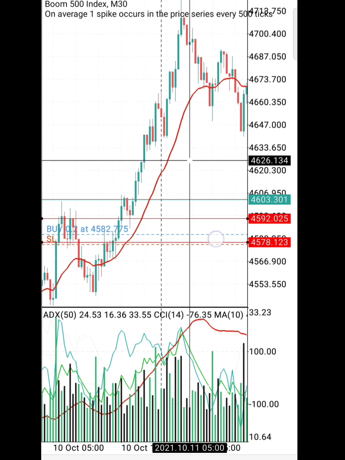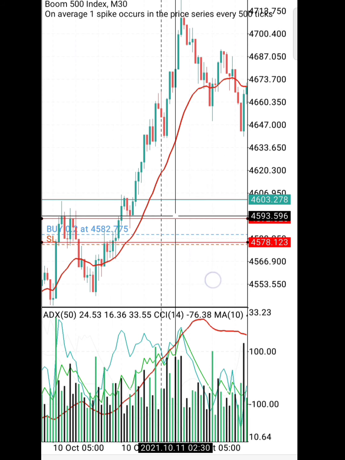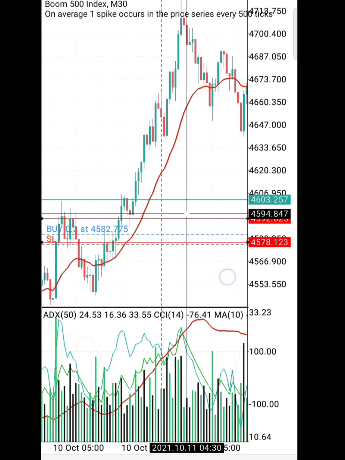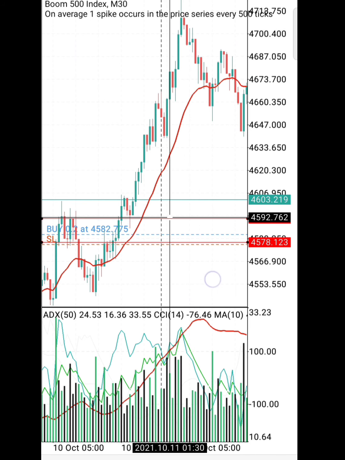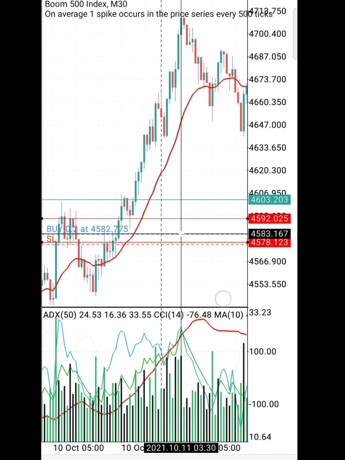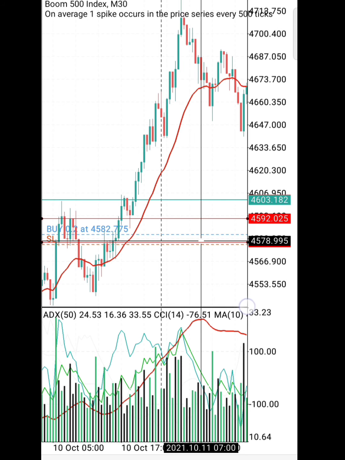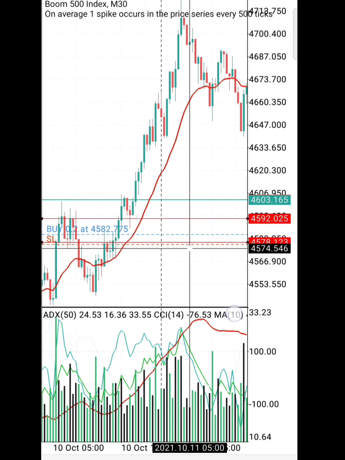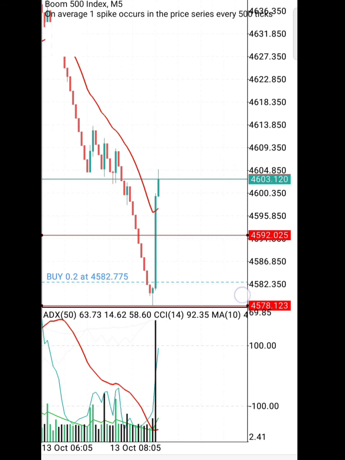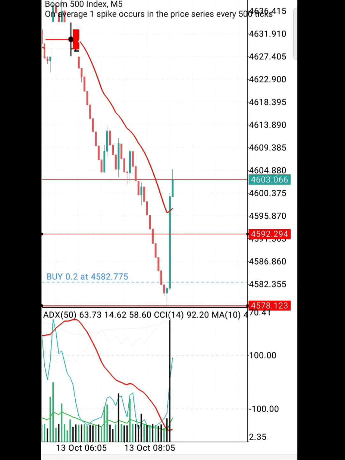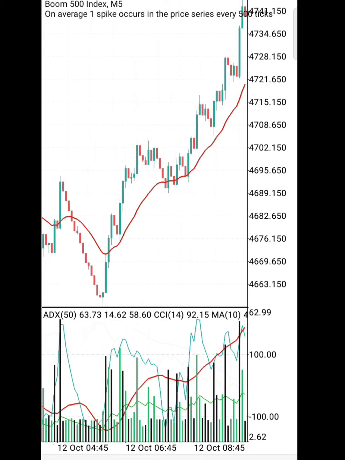If this support level can't hold back the market, if it can make the market bounce, then this one will definitely make it bounce. If it doesn't, then this one will. But if it doesn't, then it will hit my stop loss. Then I'm done.